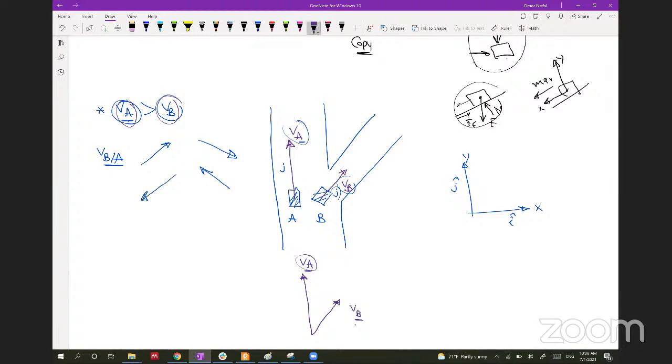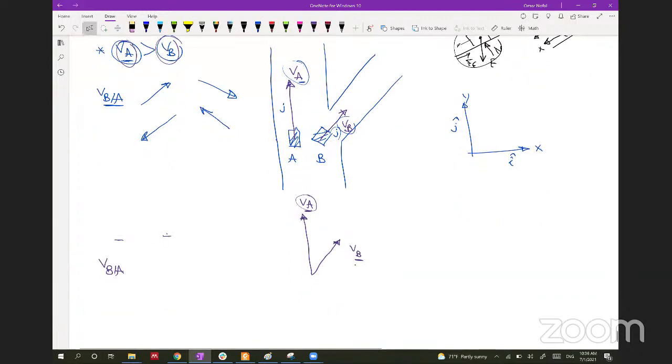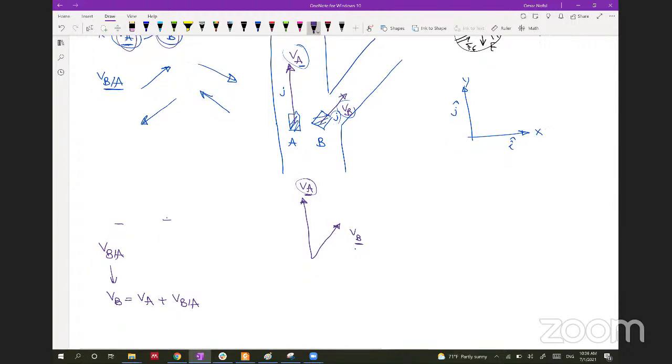So you are asked for the direction of VB with respect to A. And to get it, you know that VB will be equal to VA plus VB with respect to A. To make sure that your equation is right, cancel the subscripts: A goes with A, and you will finally have B equal to B. That means that you constructed this equation right.